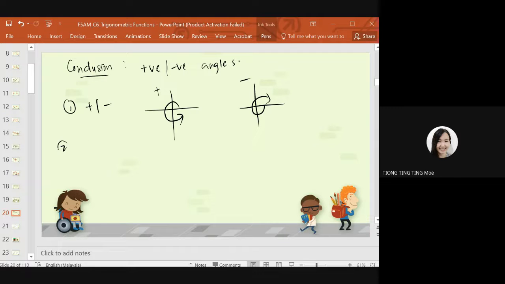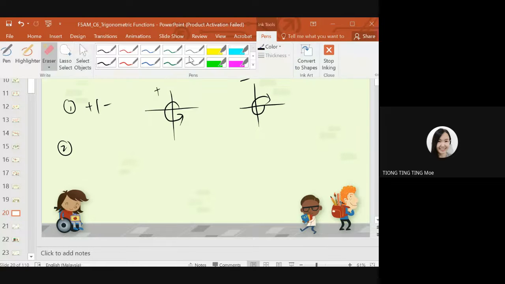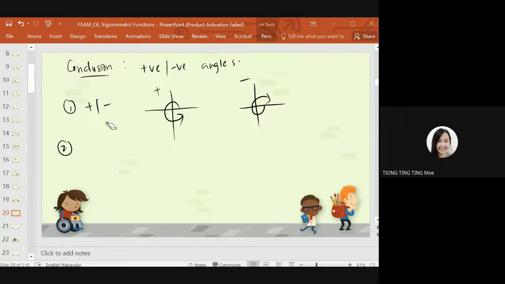And the second one, so you have to see how many circles. Remember I will only count in degree only lah. So, kalau dia degree, kalau dia radian, ingatlah kamu kena change to degree first.